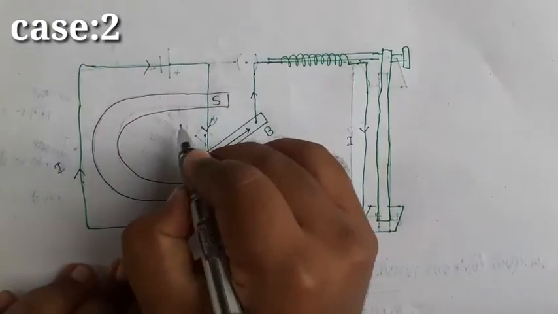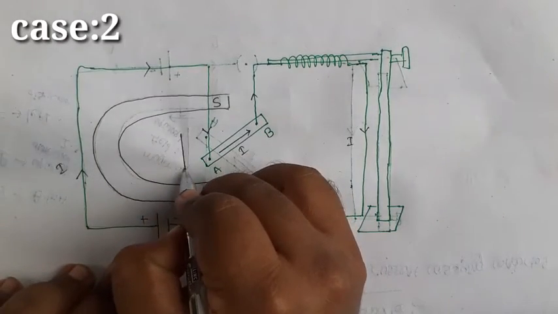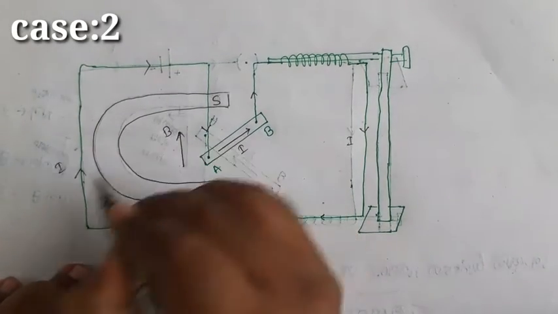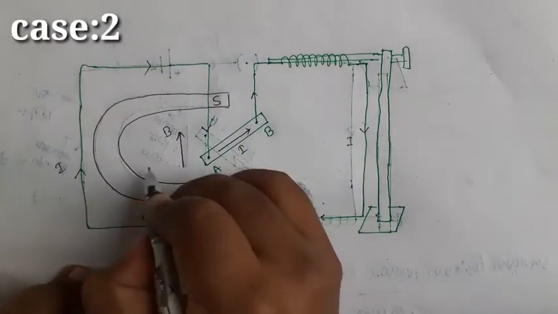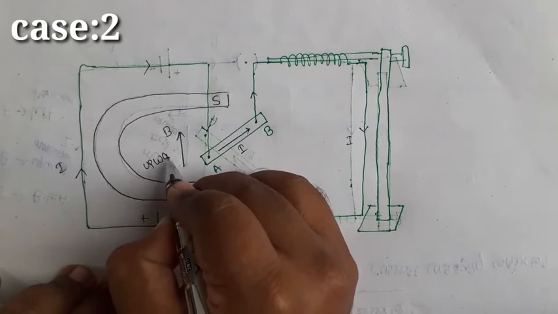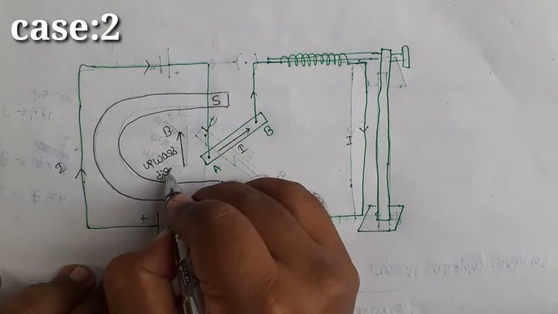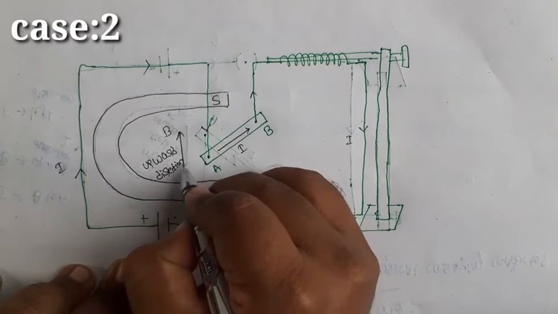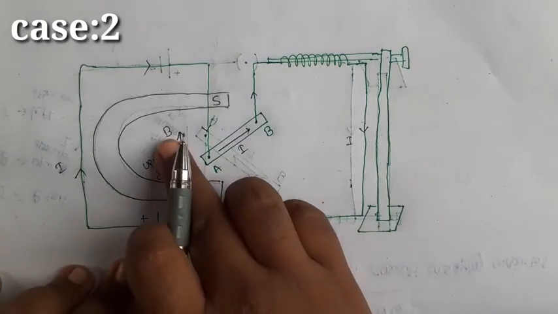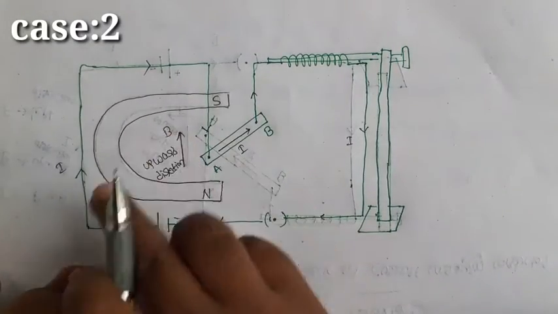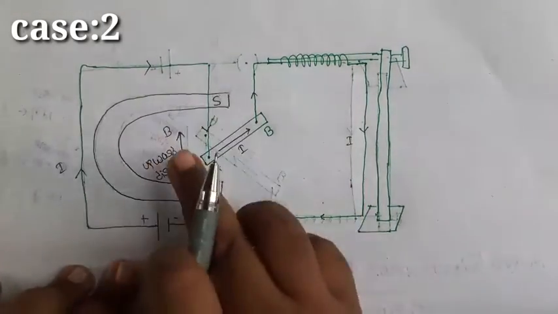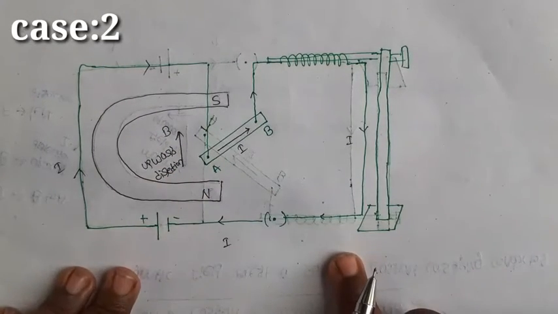North to south, the upward direction, no change. The magnetic field is denoted by capital B.